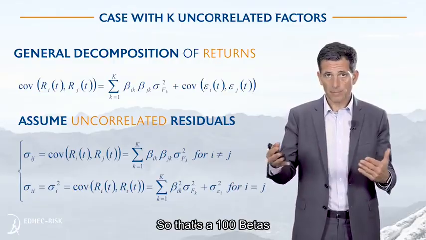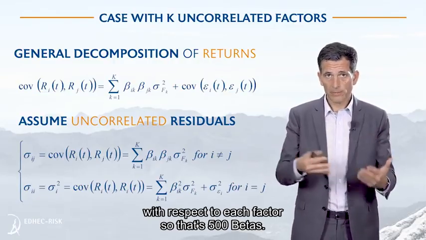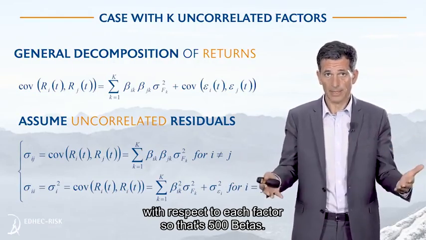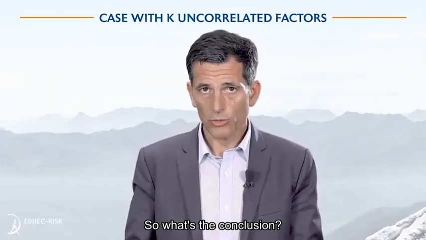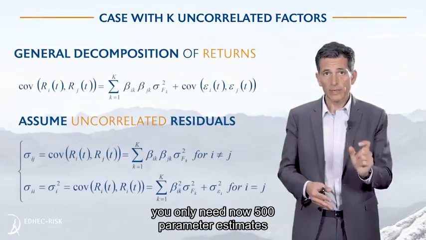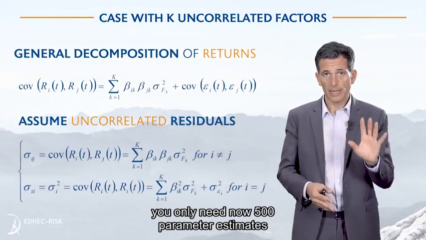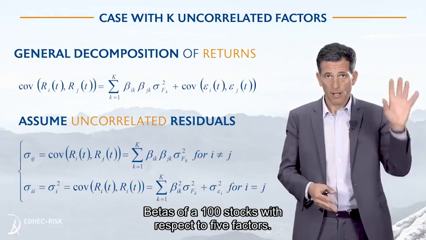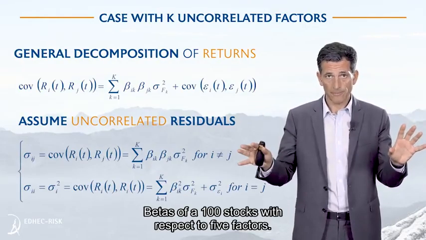So that's 100 betas with respect to each factor, so that's 500 betas. So what's the conclusion? Well, the conclusion is that to estimate the covariance parameters, you only need now 500 parameter estimates, betas of 100 stocks with respect to 5 factors.